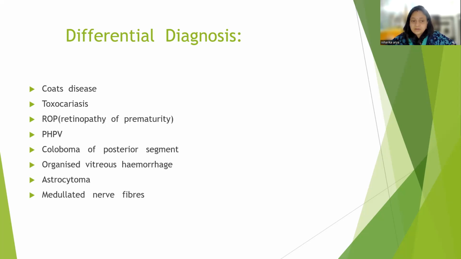There is a connection between the vitreous and the eye lens. This also mimics retinoblastoma. In coloboma of the posterior segment, there is incomplete development of the retina at the posterior segment. Then there are organized vitreous hemorrhage, astrocytoma, and medullated nerve fibers.